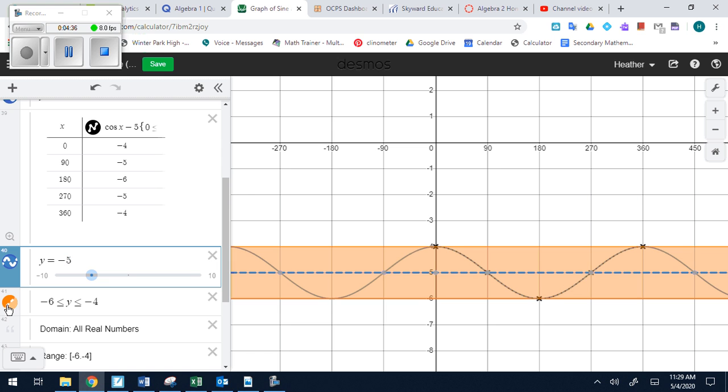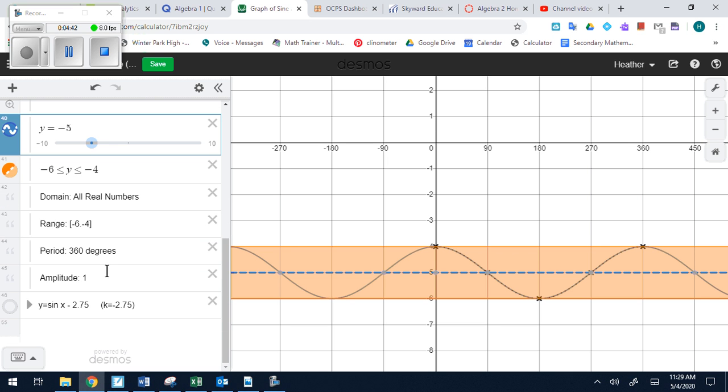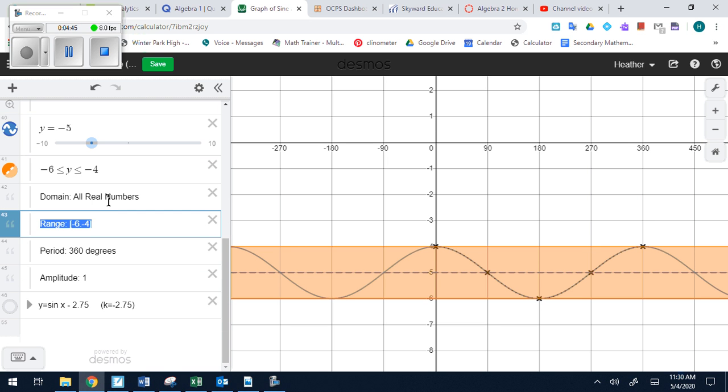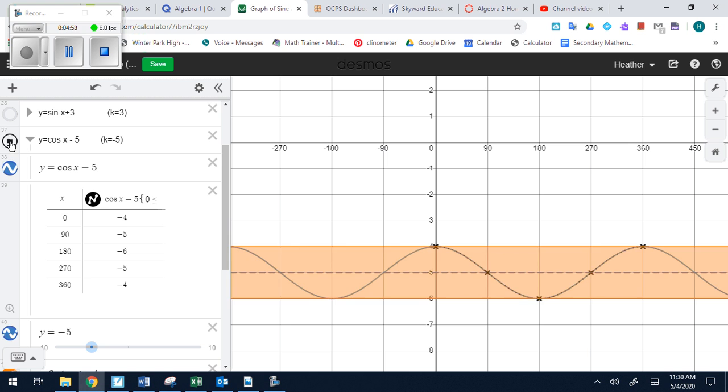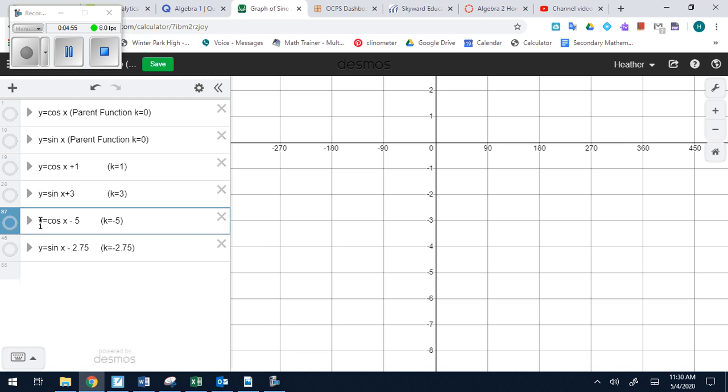It also changes your range. So now I'm going from negative 6 to negative 4 instead of from negative 1 to 1. So it changes the range, but it doesn't change your domain, it doesn't change the period, and it doesn't change the amplitude. The amplitude is still 1. So your k is affecting your range, but it doesn't really affect your other key features.